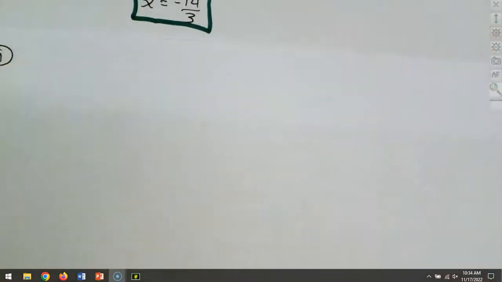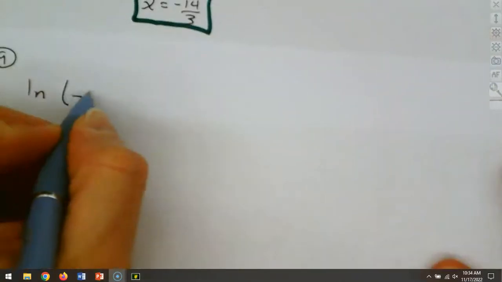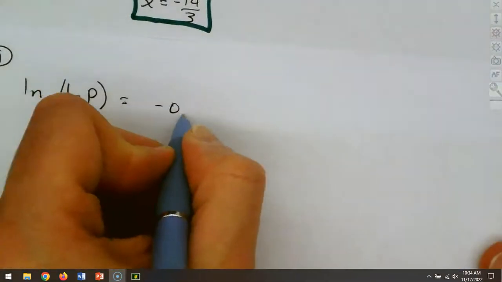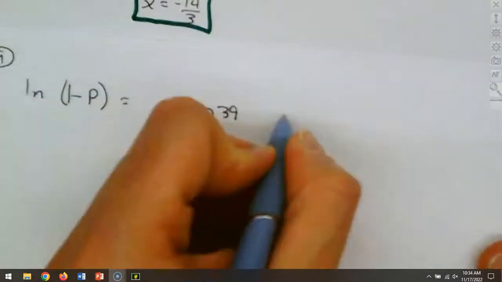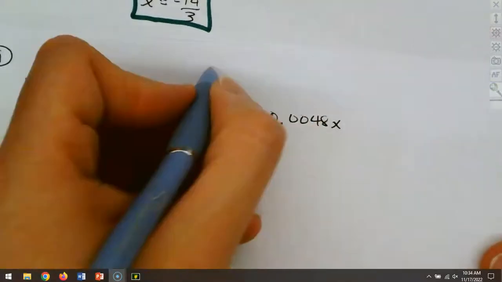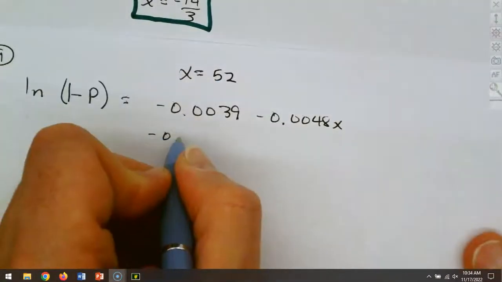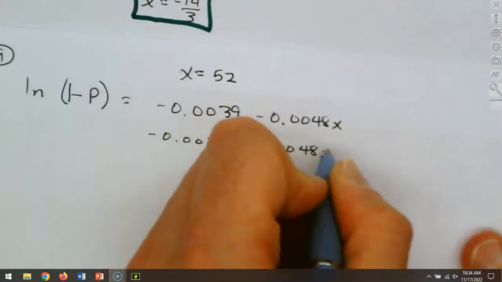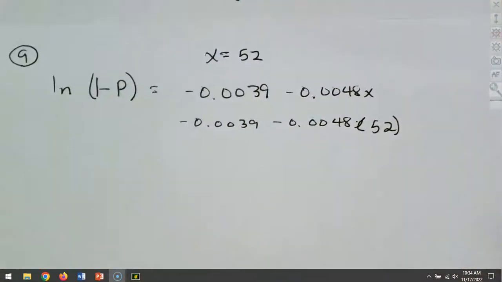We need to eventually find P. The natural log of 1 minus P equals negative 0.0039 minus 0.0048x, and we replace that x with 52.